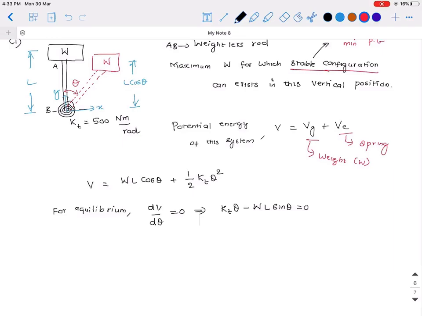In the problem it is given that L is 2 meter. We are interested in the equilibrium configuration in the vertical position.